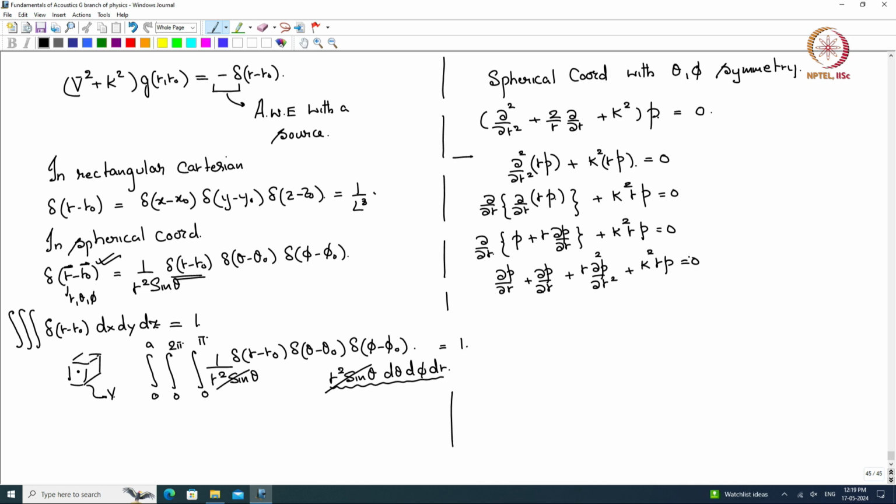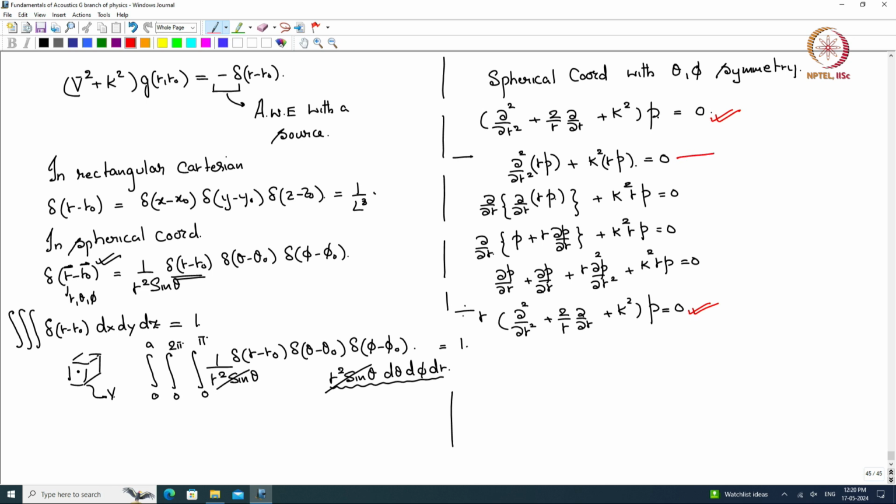Okay. So if I divide this by r, I get ∂²/∂r² plus 2/r ∂/∂r plus k² of p equal to 0. So this is the same equation as that, the θ φ symmetric spherical equation.